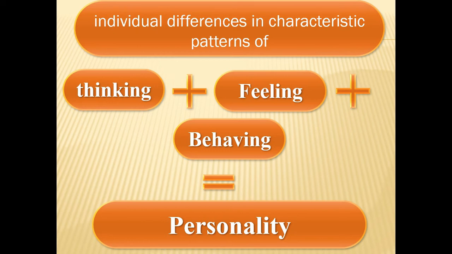These things get together and bring a personality. So whenever you observe someone, it is not their outer look that tells you the personality of a person, but their behavior, their thinking, their feelings that make them different compared to others.